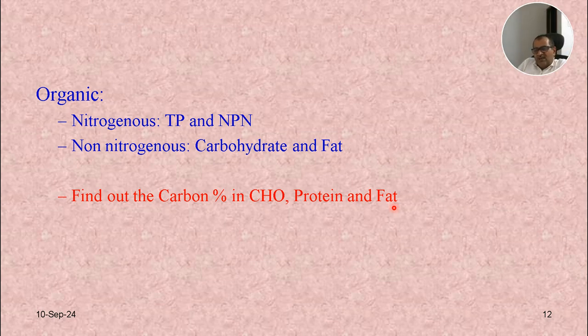So one needs to find the carbohydrate percent, protein and fat in every nutritious material, because all these three things need to be balanced very well for the cost effectiveness of animal husbandry, especially the percent of carbohydrates and the percent of proteins present in the food, and also the fat percent.